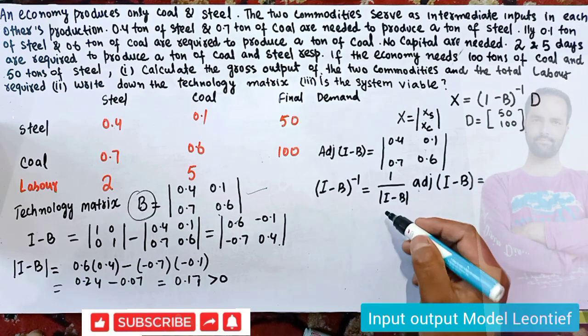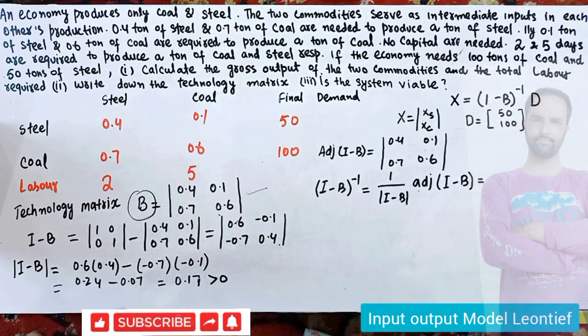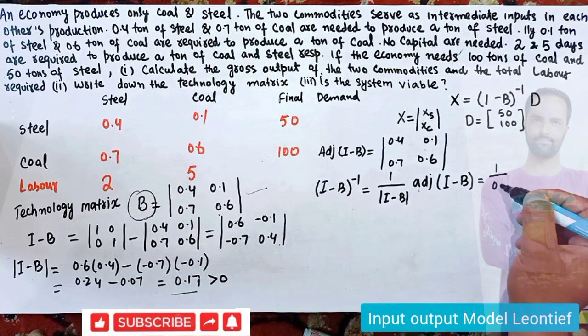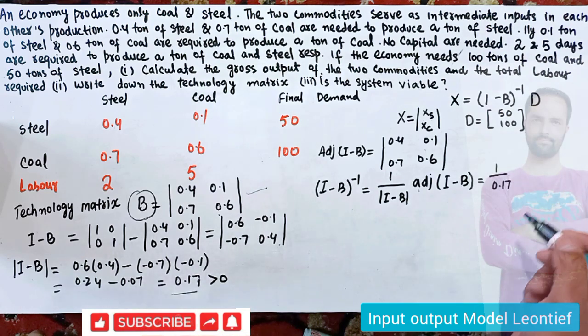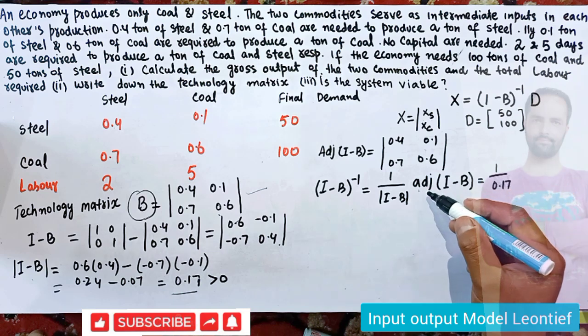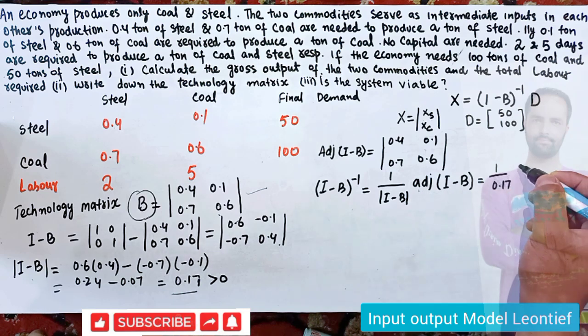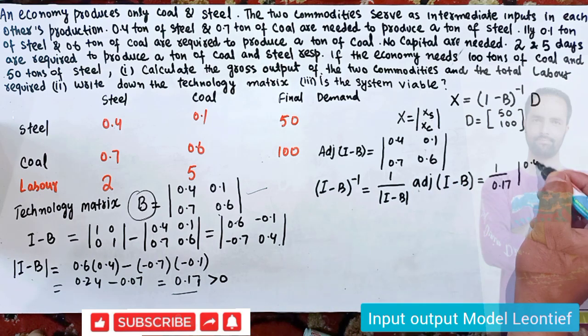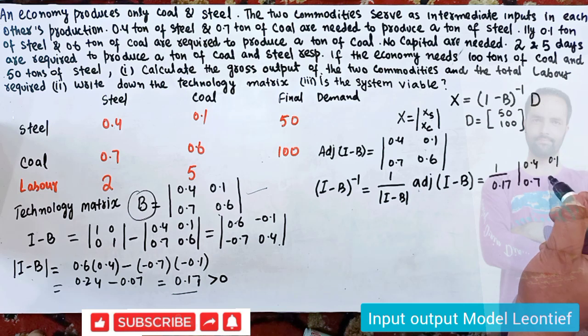The determinant of I minus B, which we calculated as 0.17, so we have 1 upon 0.17. To this we have the adjoint, which we calculated here. What is the adjoint? This 0.4, 0.7, 0.1, and 0.6.